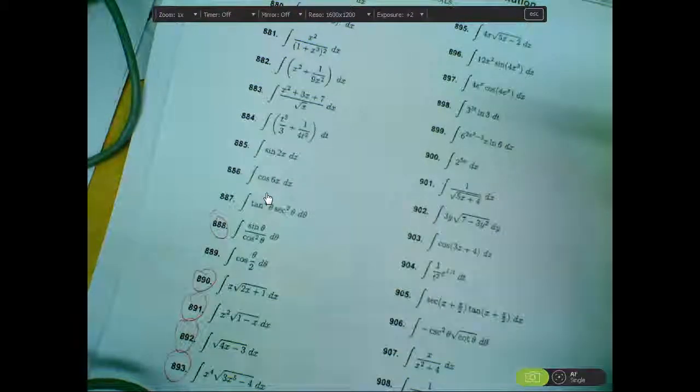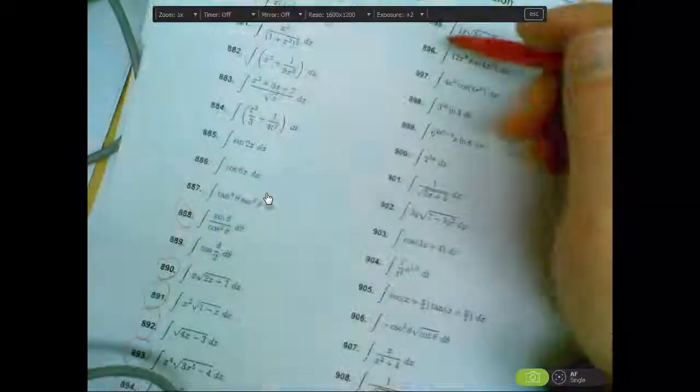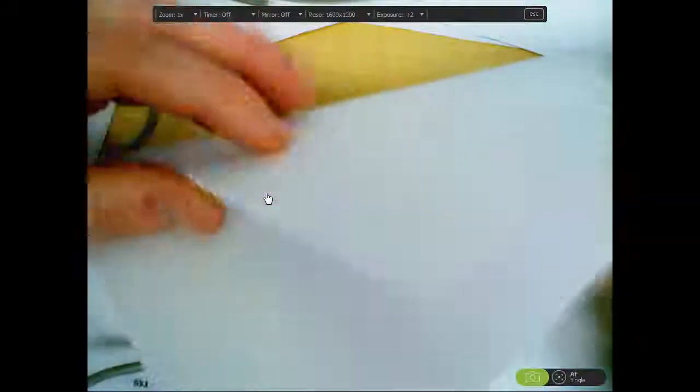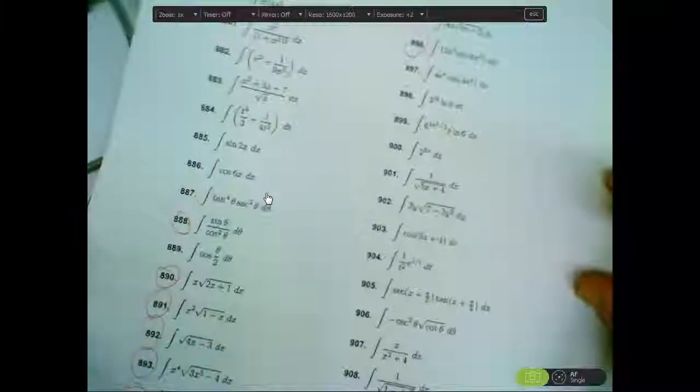That one seems like it might be pretty tricky. You can do 894, I think. You can definitely do 896. Did I already do 896? I don't know. But if I did, do it again. And 897. And then we'll try some more in class.